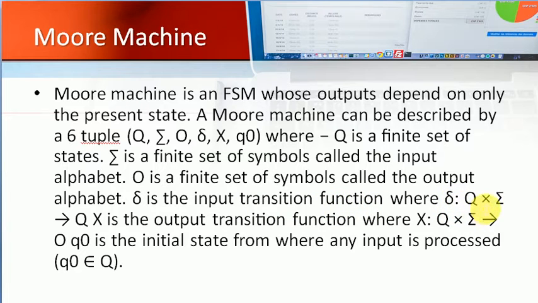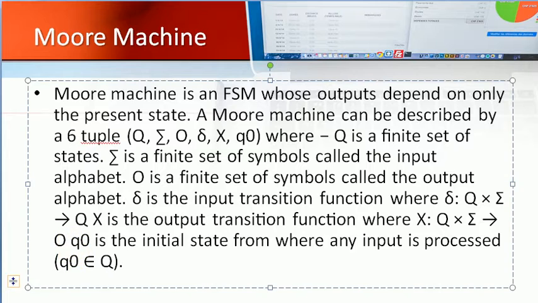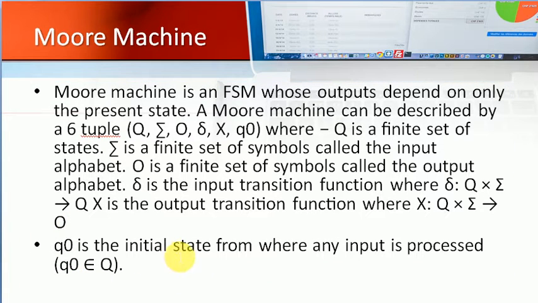Delta is Q times Sigma giving Q, X is the output transition function, and here the same q0 is the initial state from where an input is processed.